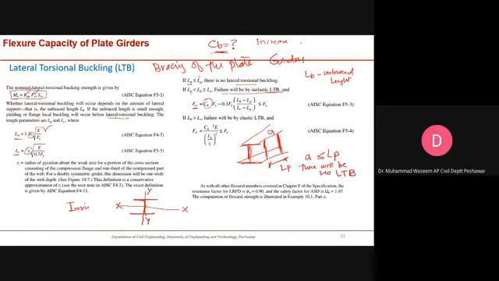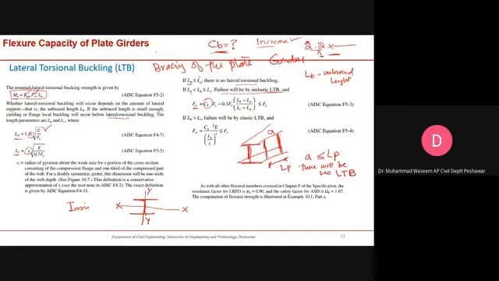Check your beam notes, okay? Because we have to multiply. If it is 2.2, it is increasing the flexure capacity. If it is 1, it will stay the same.